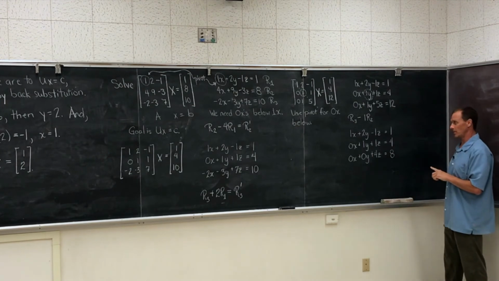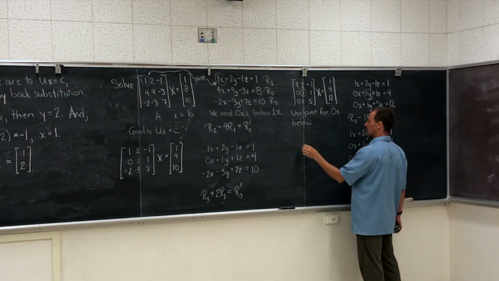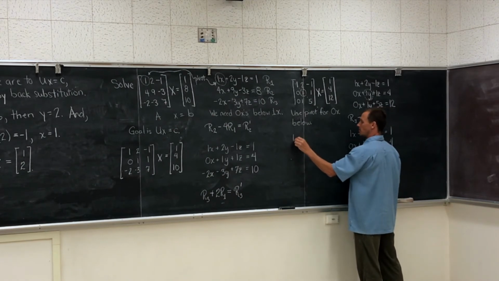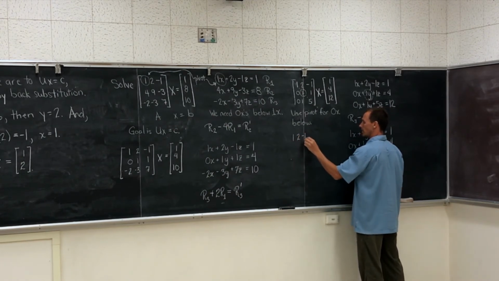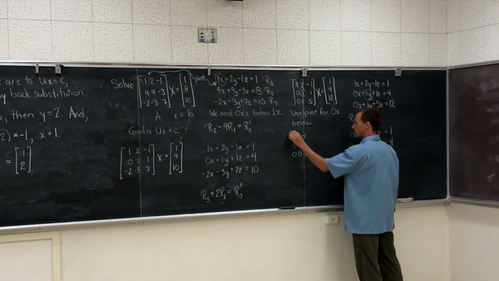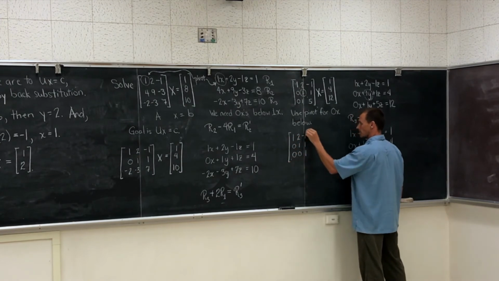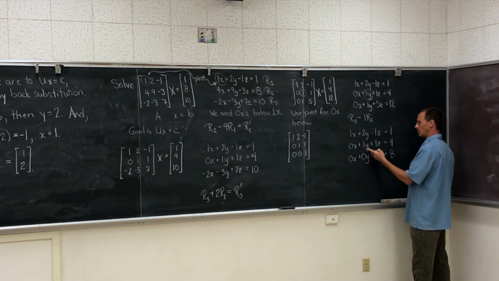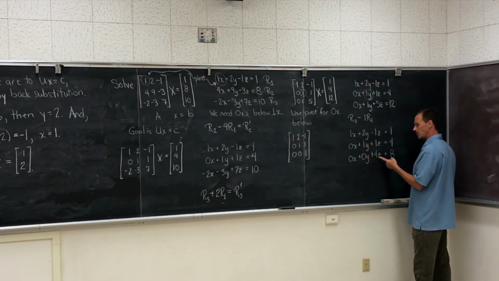That's the new system. And let's look at the equation that it gives. The matrix equation is 1, 2, minus 1, 0, 1, 1, 0, 0, 1. And again, look at this. Throughout this whole process, x, y, and z, this is just the scalars.